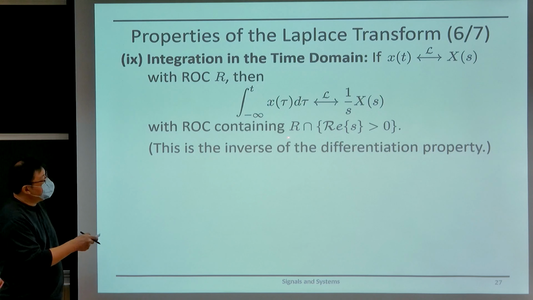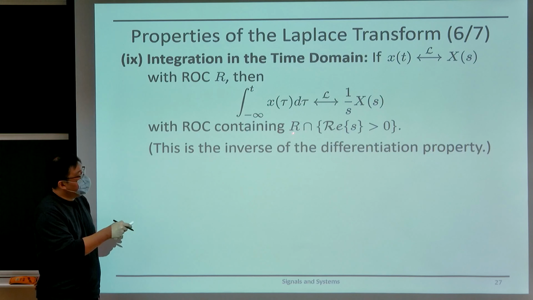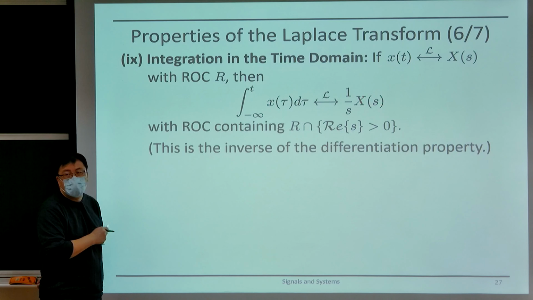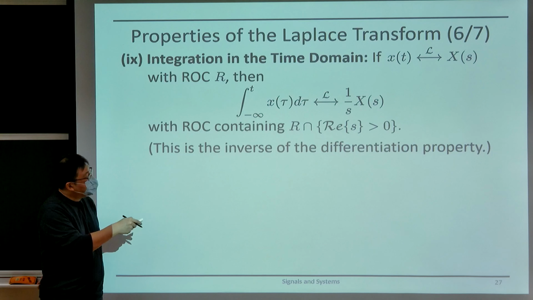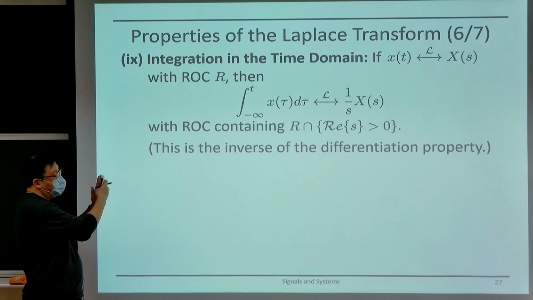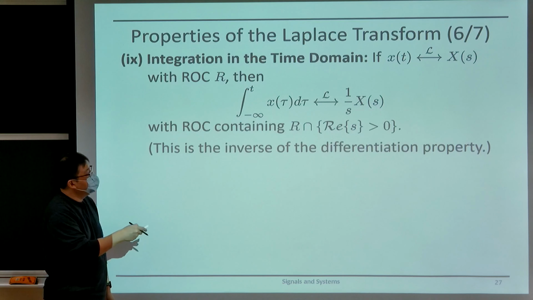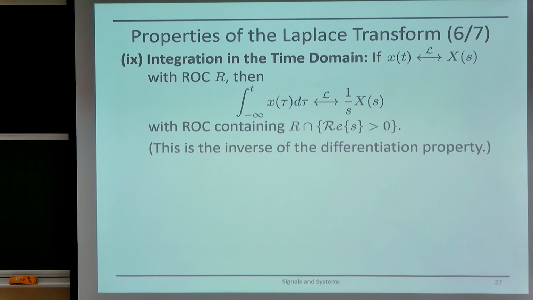Now, the region of convergence here should contain the real part of s greater than 0, the right half plane to the right of 0, because this 1 over s introduces a pole at 0, okay? So the ROC should at least contain this, but again, it can potentially be larger, okay? All right.